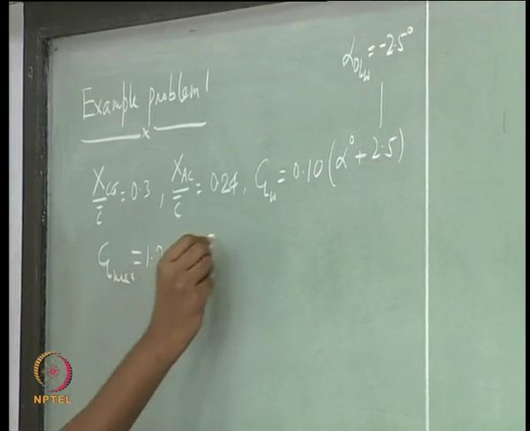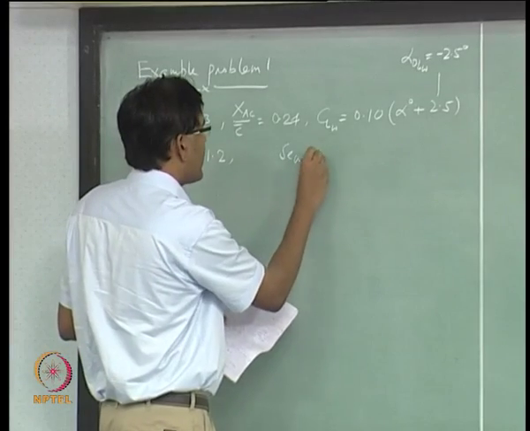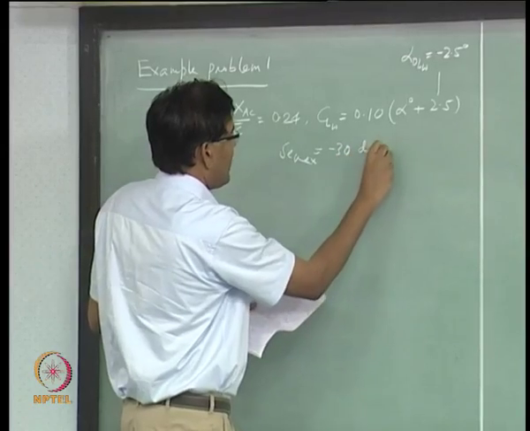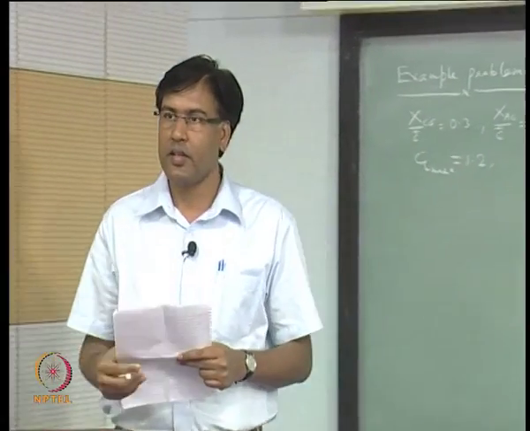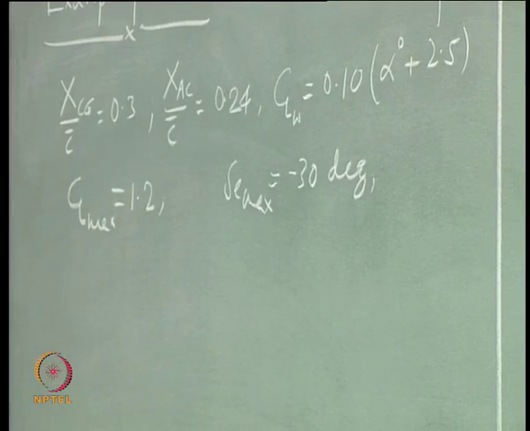So, delta E max given as minus 30 degrees, right. Everybody is getting what I am saying.